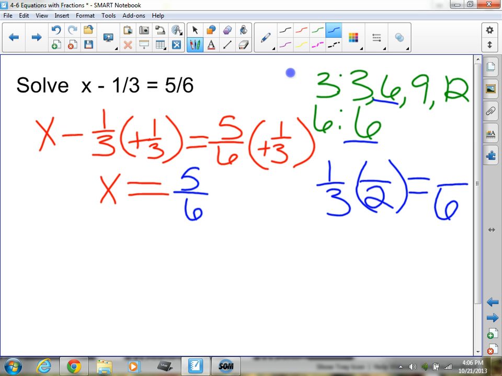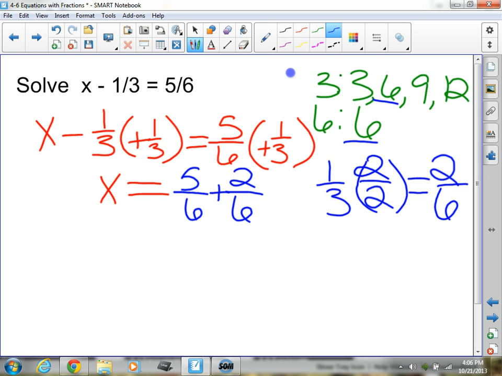So that makes that a true statement. Now I know that if I do something to the denominator, I also have to do the exact same thing to the numerator. So I need to multiply 1 by 2. 1 times 2 is 2, so my new fraction is going to be 2/6. I am now ready to complete my equation.